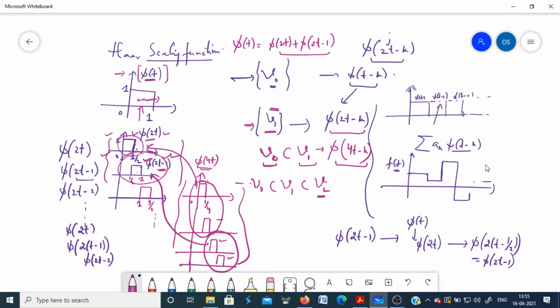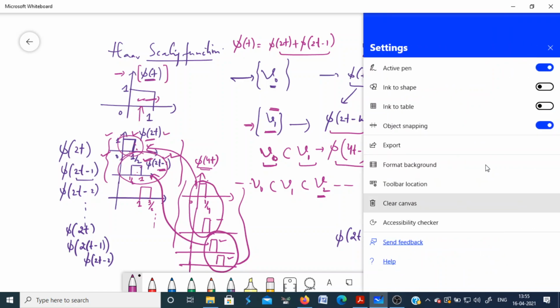So as you go on increasing the scales, this is basically a nested set of these spaces. So here V0 is a subset of V1, it is a subset of V2, V2 will be a subset of V3 and so on. And similarly, if you decrease the scale, it will be a subset of V minus 1, V minus 2 and so on.